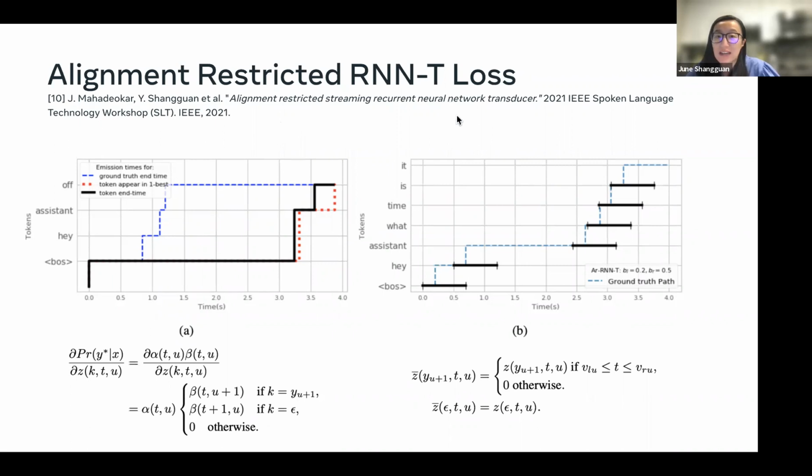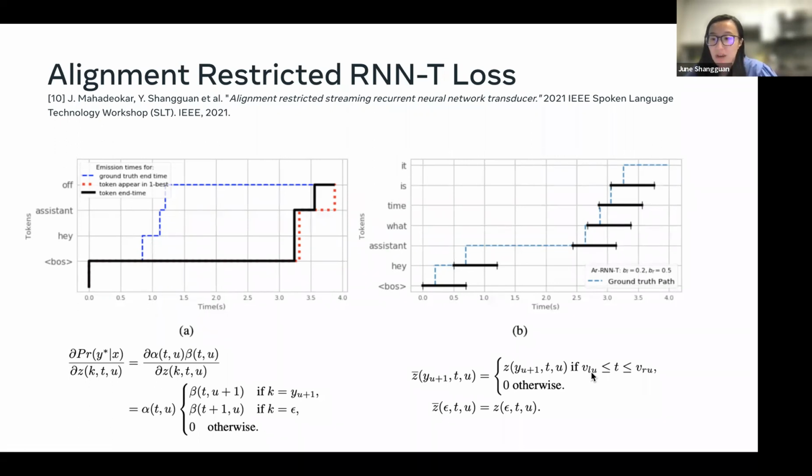And so this is alignment restricted RNNT. Instead of summing all the paths in the lattice up to this point of the token, we only care about the summation of the paths around your ground truth emission, which means that in your lattice loss computation, we modify the transition matrix. Remember that the transition matrix is basically the probability of the token from the left, a blank, or a token from the bottom, for emission.